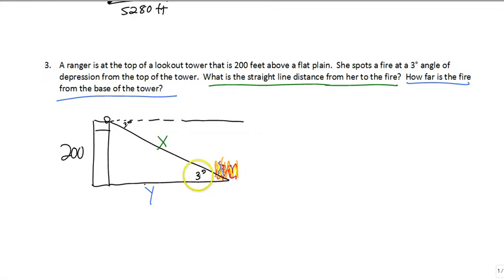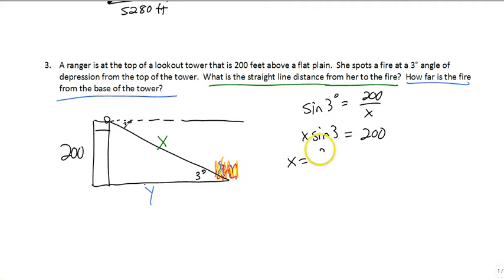So, for the x, we have opposite, we want hypotenuse. So that would be sine, because we have opposite and hypotenuse. So sine of 3 is equal to opposite over hypotenuse, which is 200 over x. Cross multiply, and type into your calculator 200 over sine of 3.